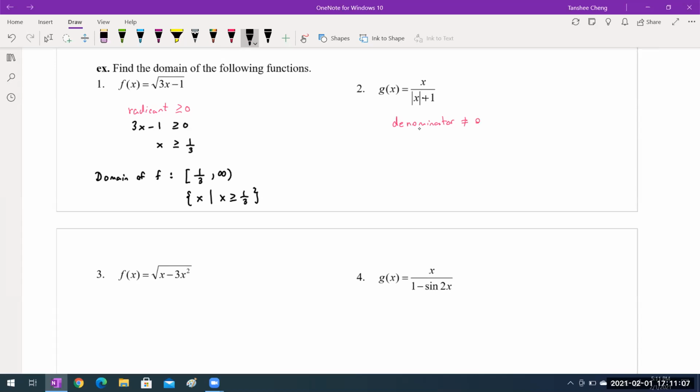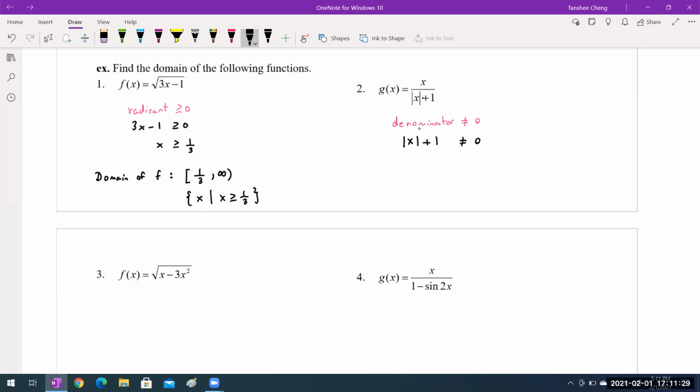Technically, we can use a systematic way to solve it. For example, I can say the absolute value of x plus 1 cannot be equal to 0. And I need to look for any x value and then discard that from the domain.